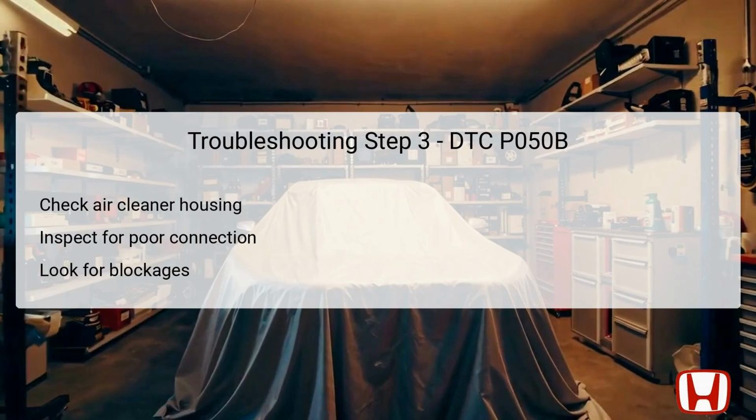In Step 3, you will conduct a visual inspection of the air cleaner housing. This component is critical because it plays a pivotal role in securing clean air while allowing proper airflow into the engine. Ensure that there are no poor connections or visible blockages at the air cleaner housing.